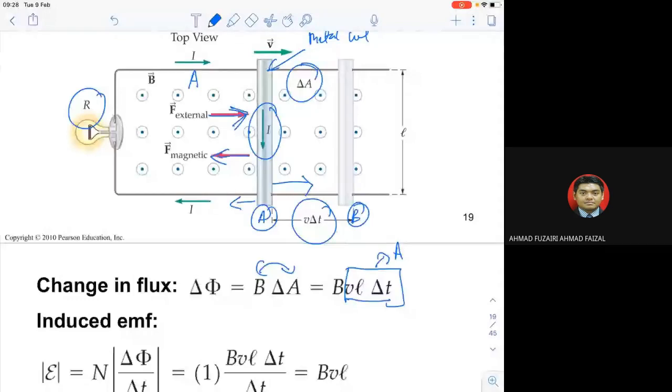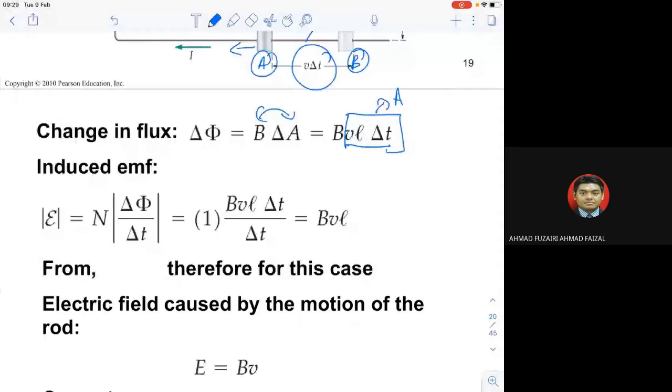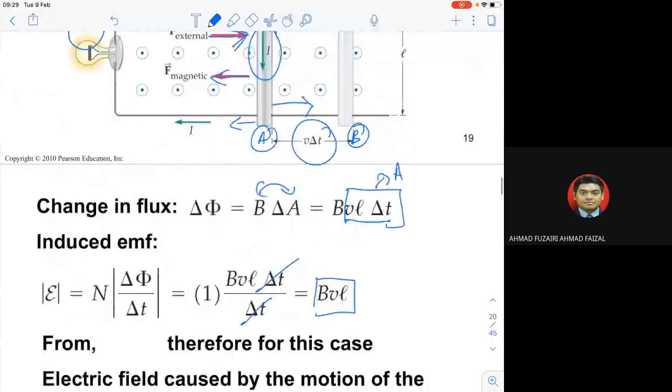From the induced EMF, equals N delta flux over delta T, delta flux is BVL delta T. So you can easily cancel out delta T to get BVL. So what is BVL?